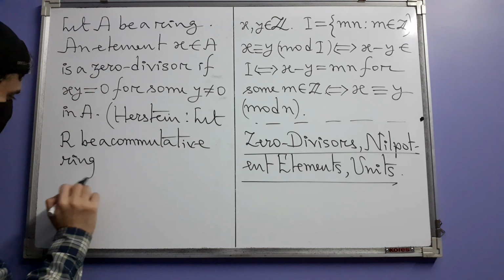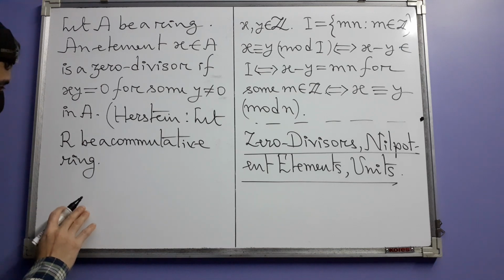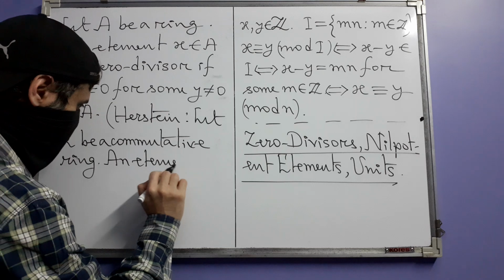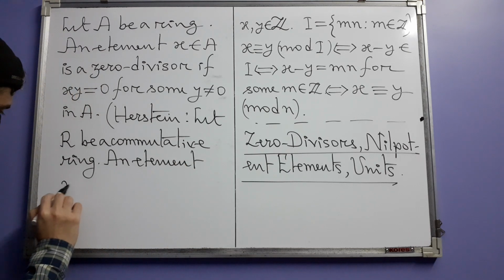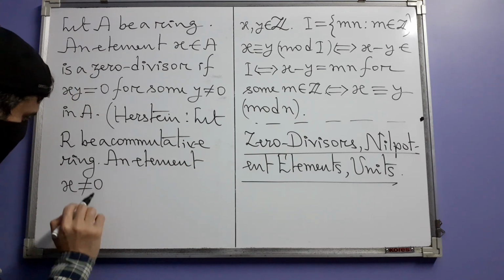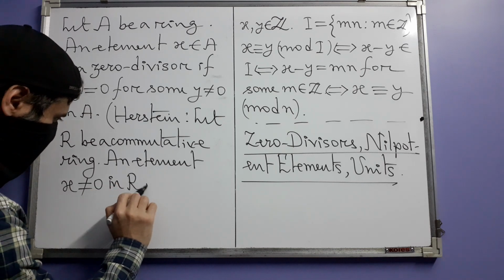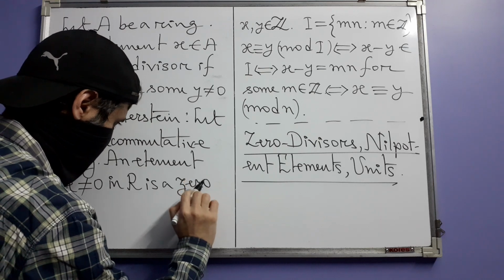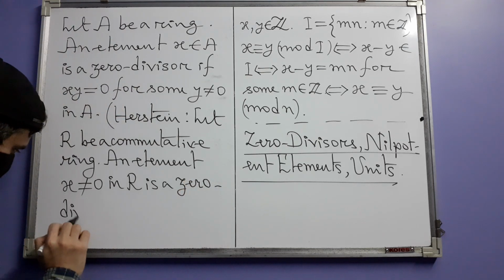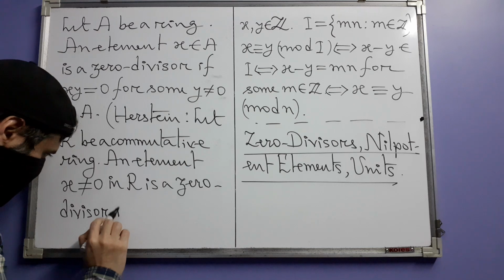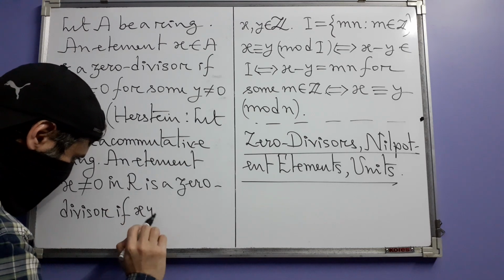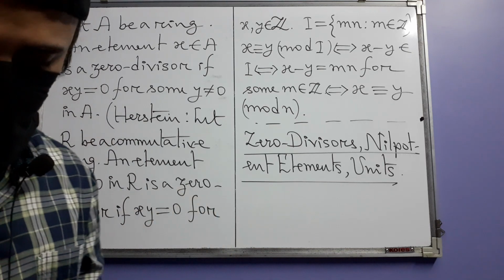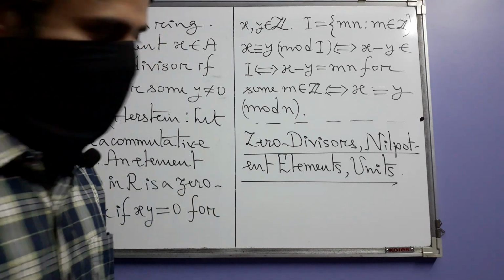If I do not write the full thing, you will get confused. An element x not equal to 0 in R is a zero-divisor if xy is equal to 0 for some y not equal to 0 in R.